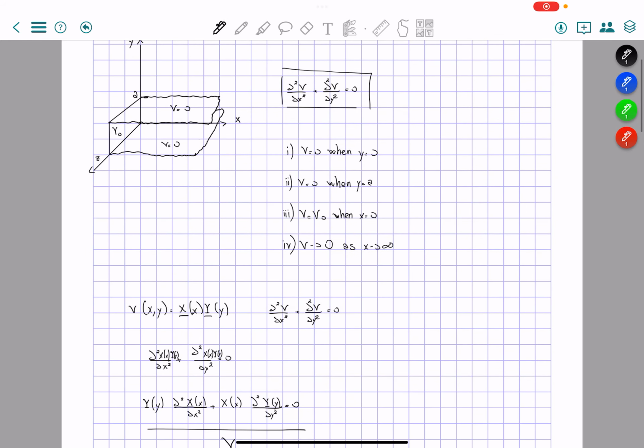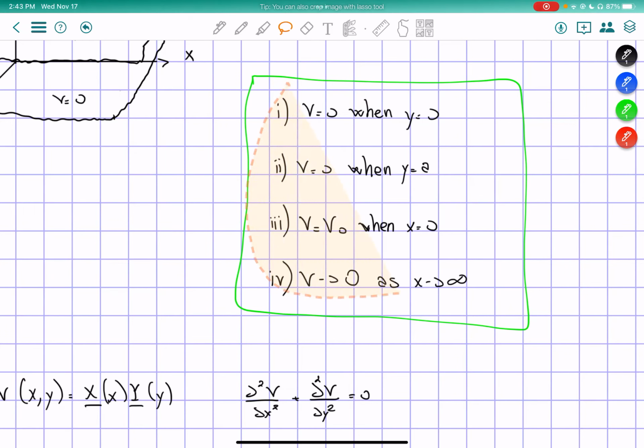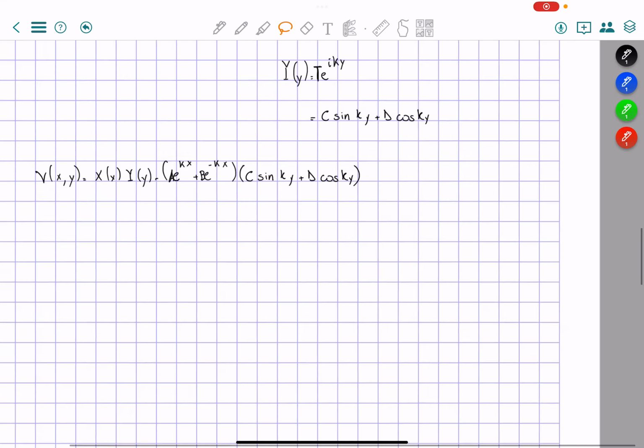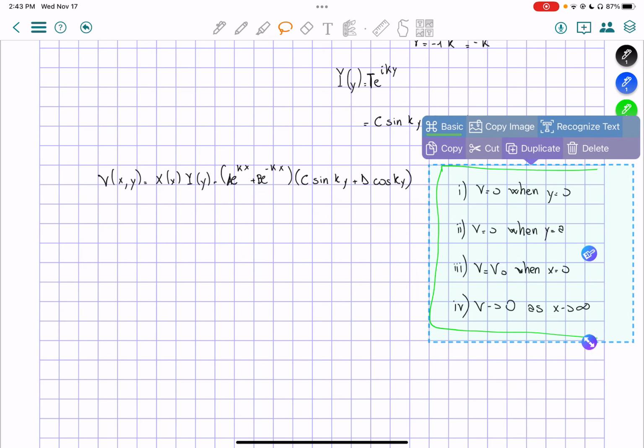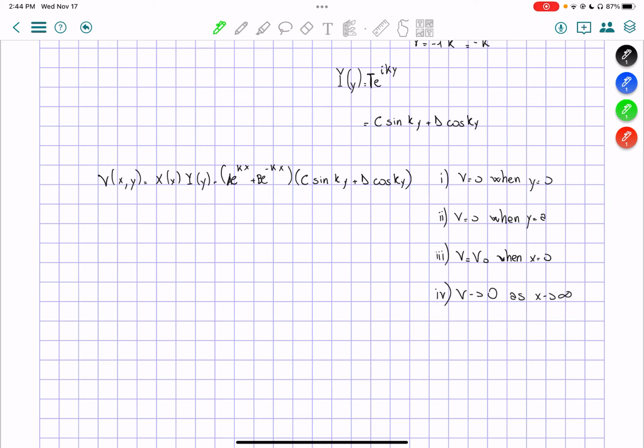Now, though, one thing that we did at the beginning was knowing some initial conditions. Because if we go back and we look at our boundary conditions, these parts over here, we can actually solve some of it. Well, let's try and copy it first of all, and then paste it over here. Okay. Now, the first thing we know is that v is equal to 0 when y is equal to 0.